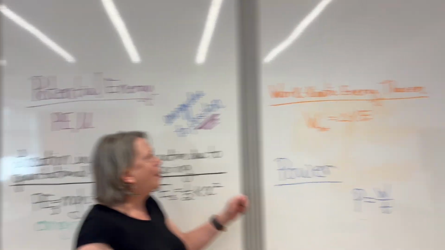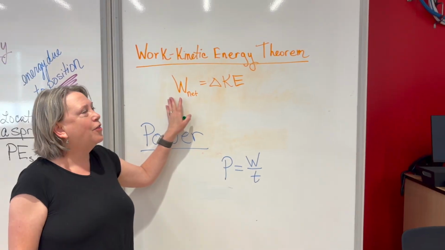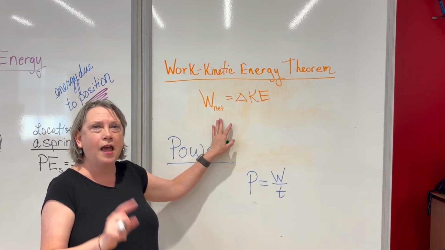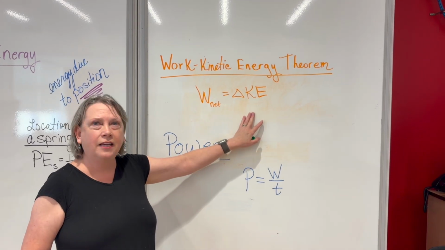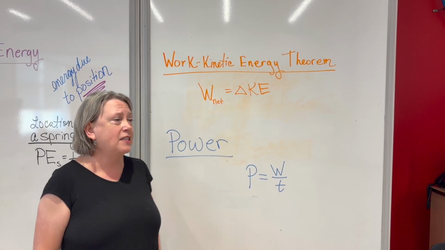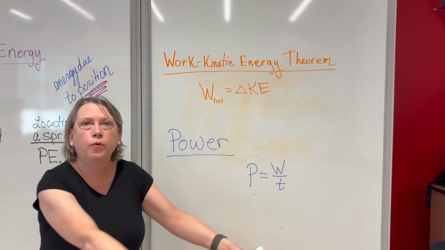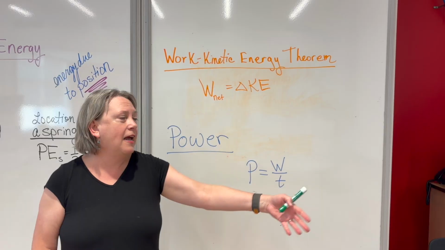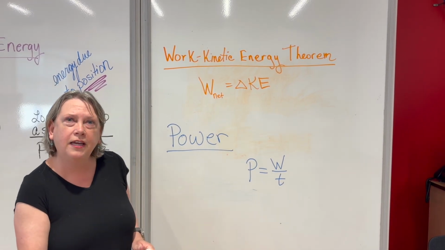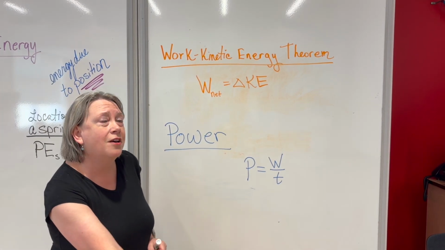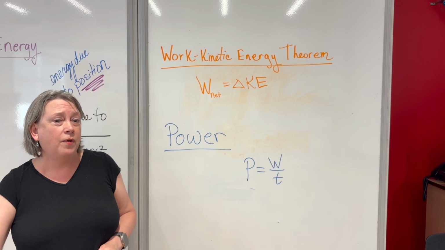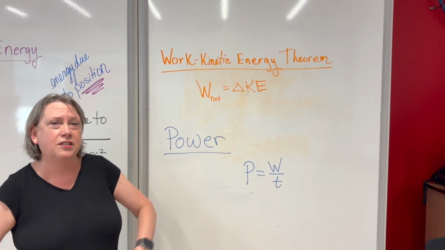All right, we've got a couple more. The work kinetic energy theorem says that the net work has to equal the change in kinetic energy. So let's suppose I had a bowling ball rolling towards me and it had some initial speed, and I wanted to slowly apply a force over a distance to slow it down, maybe until it stops.